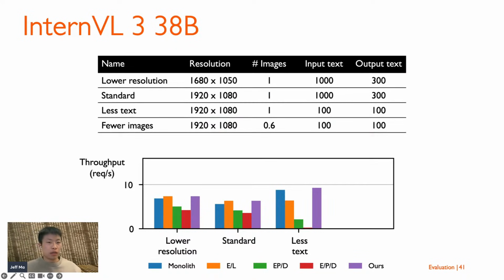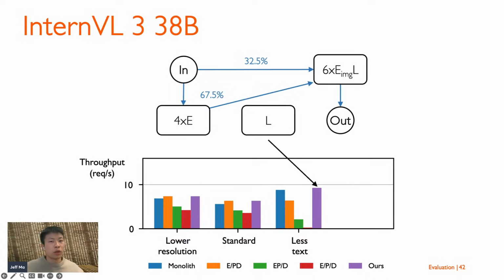For the third case, we see that the monolithic deployment is better, but Cornserve's output deployment strategy is even better. What happens is that in this case, Cornserve's planner outputted the deployment strategy of 4 encoders with 6 monolithic deployments, but we have 67.5% of requests routing to the dedicated encoders.